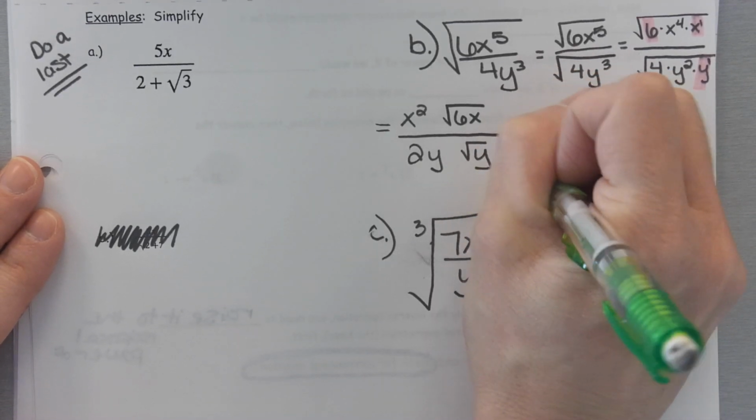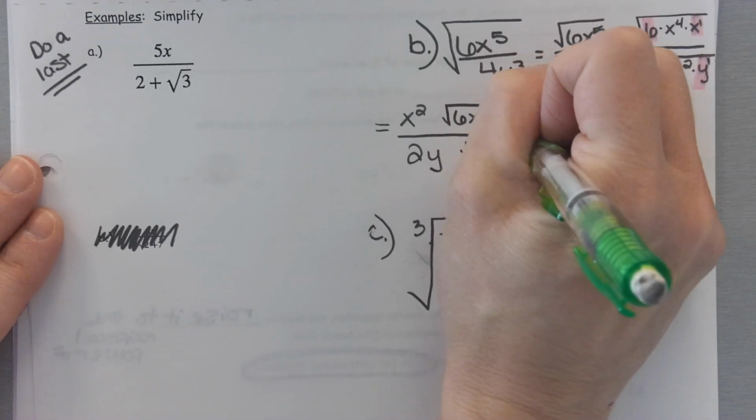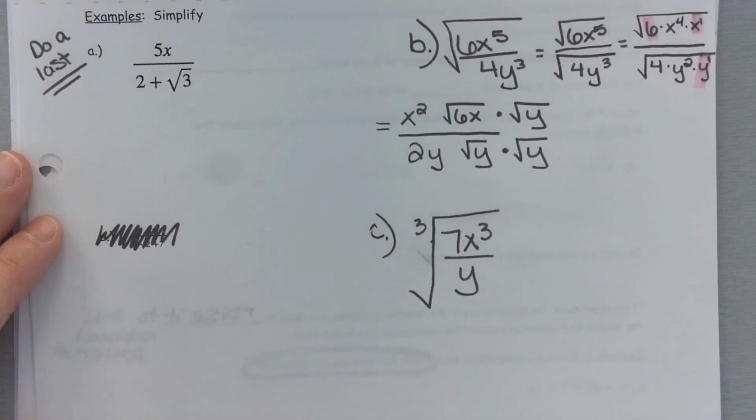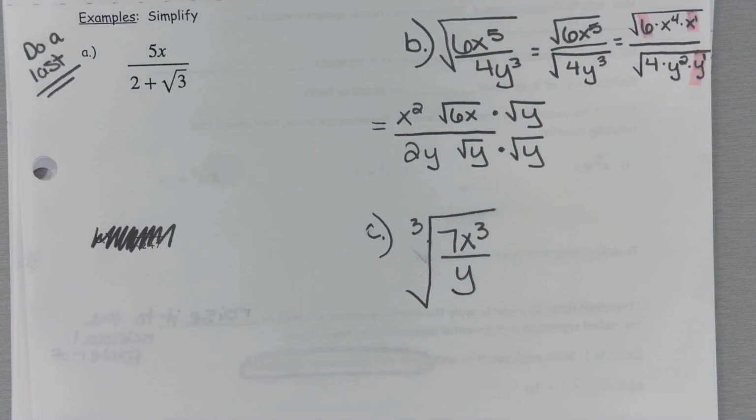The real trick, yes, that is one thing you could do, but it's not the right answer. The right answer is to multiply it by itself. So if you have a square root in the denominator, and we wrote this in our notes on Friday, so if you flip back, it's in there. If you have a square root in the denominator, you multiply it by itself.